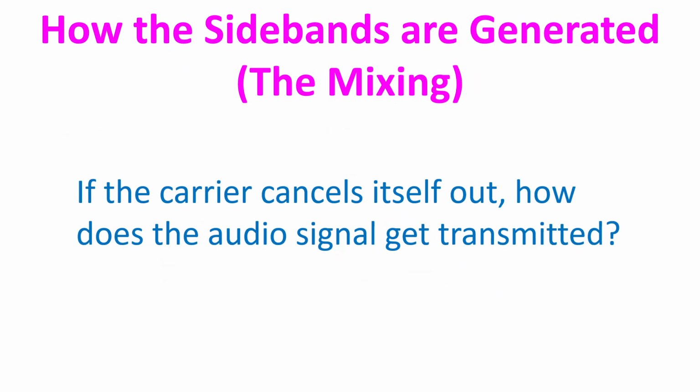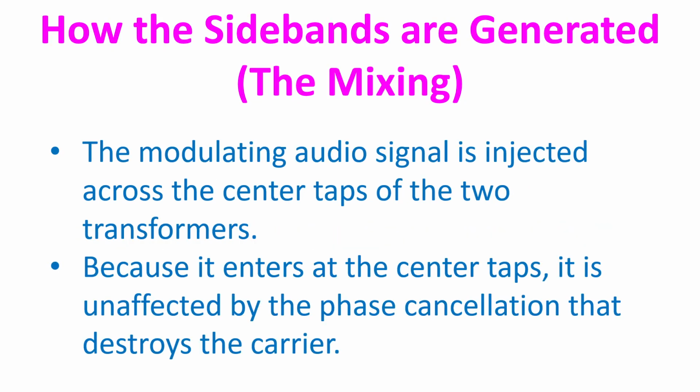If the carrier cancels itself out, how does the audio signal get transmitted? The modulating audio signal is injected across the center taps of the two transformers. Because it enters at the center taps, it is unaffected by the phase cancellation that destroys the carrier.